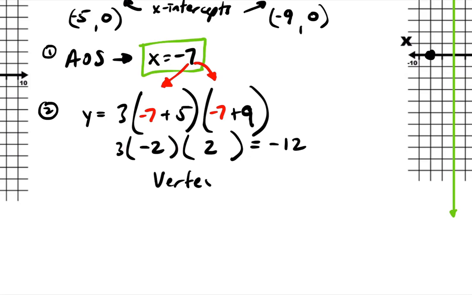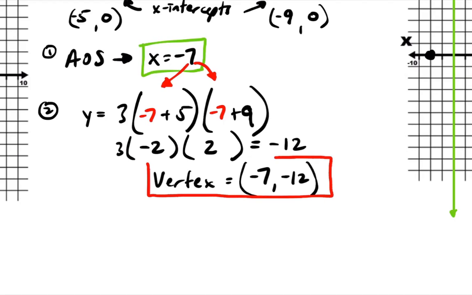That means my vertex is at -7, -12, since we plugged in -7 and got out -12. That's a little bit off our graph. It goes down to 10 as the last one, so 11 would be here, and then 12 would be here.